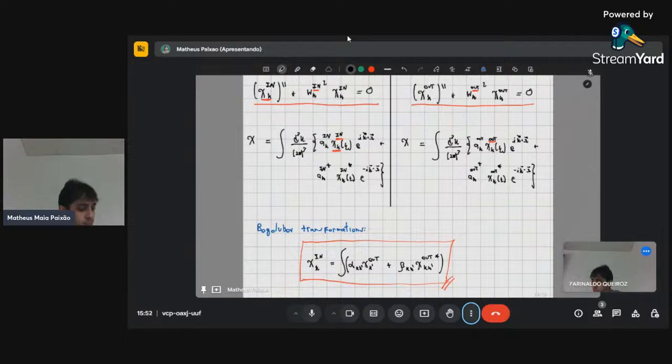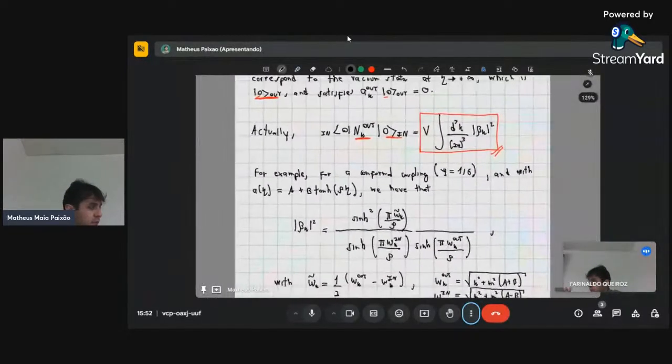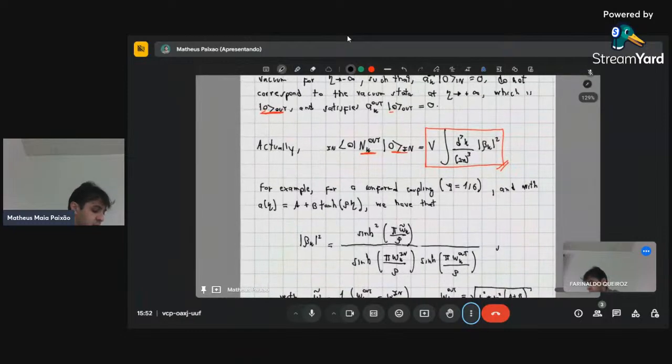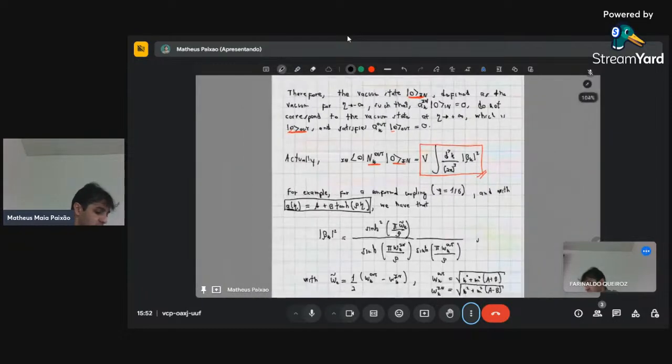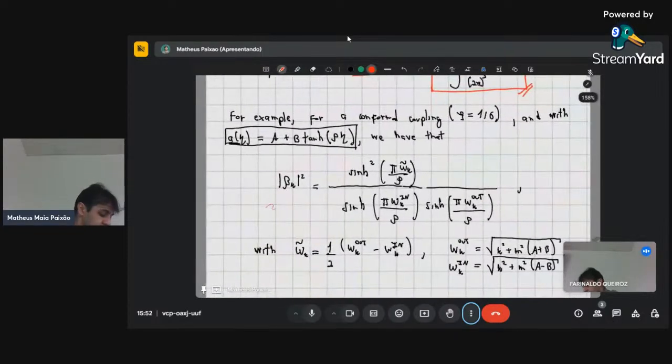Okay. So in the case that the expansion factor is like this expression, a hyperbolic tangent, it's possible to show that the beta coefficient is this expression here.